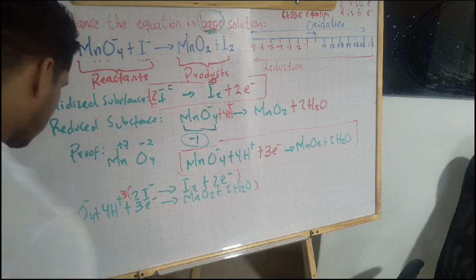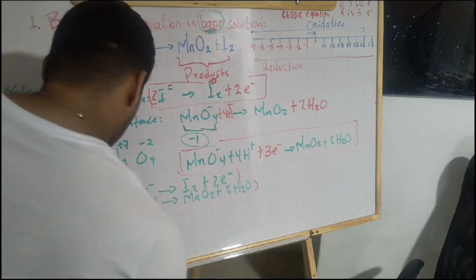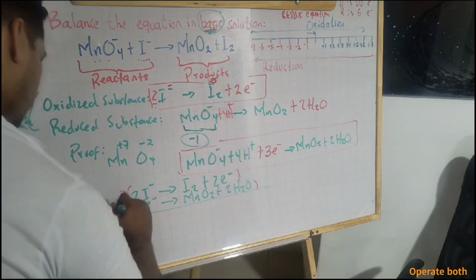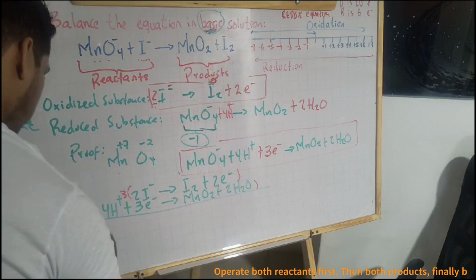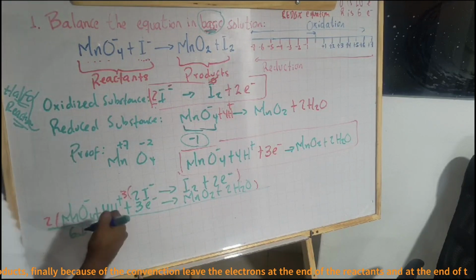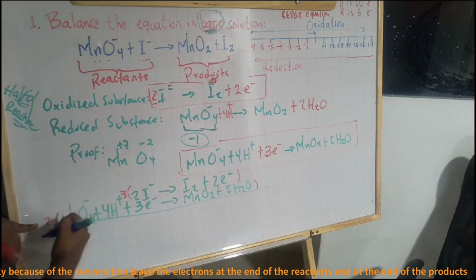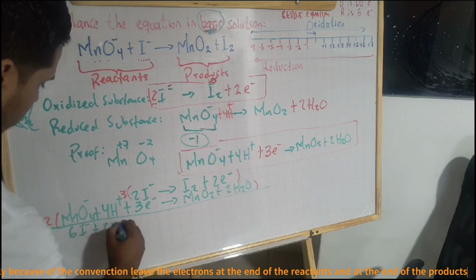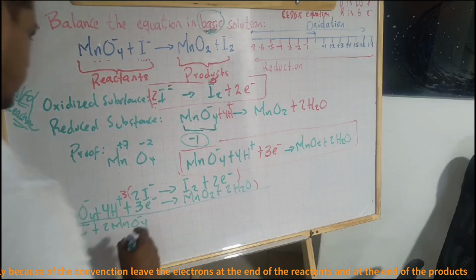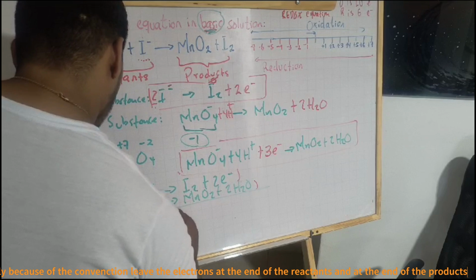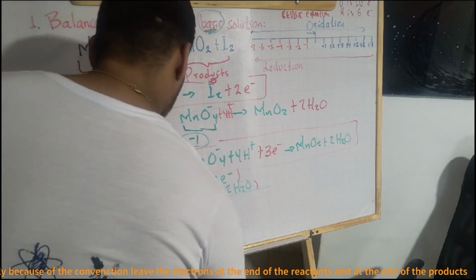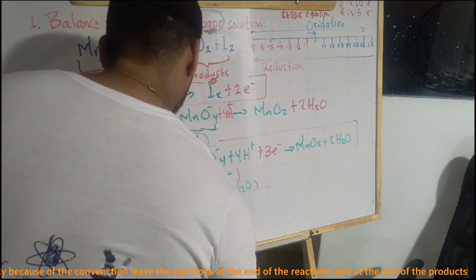So finally, I'm going to say 3 times 2, 6, on the reactant side. I continue with the other reactant side: 2 permanganate ions plus 8 hydrogen ions plus 6 electrons.